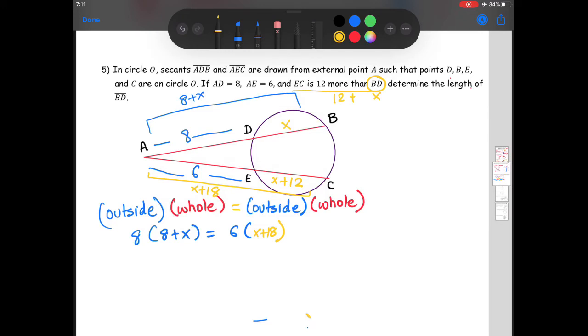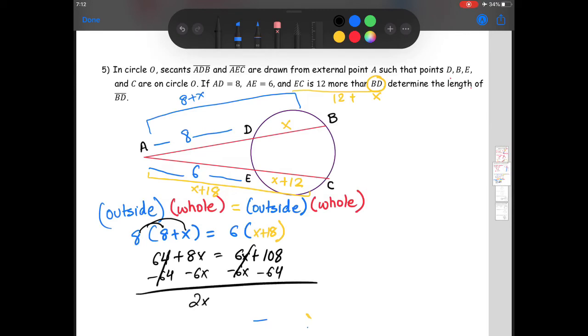And now all you need to do is solve it. It is 64 plus 8x, you're distributing it, equals 6x plus 108, right? Put the x's on one side: subtract 6x, subtract 6x, subtract 64 also. This cancels out, this cancels out.